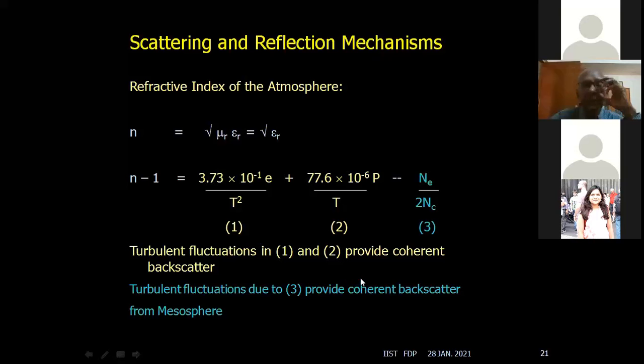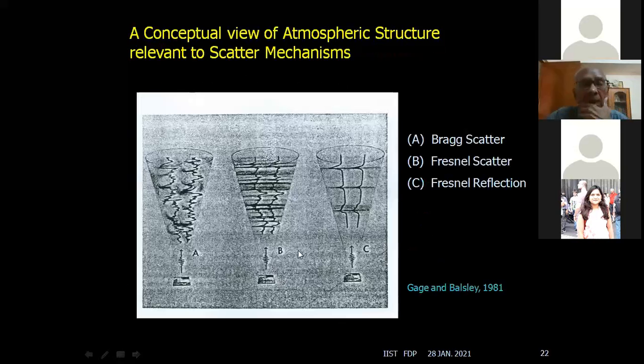So this is actually a pictorial representation for the backscatter and Fresnel reflection. This is a sketch of random fluctuations of the refractive index shown with height. And within that, there is a layered structure.